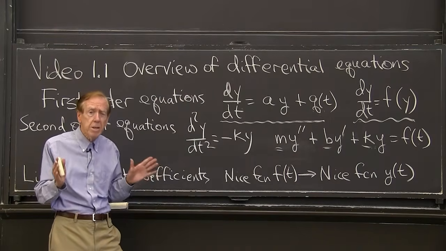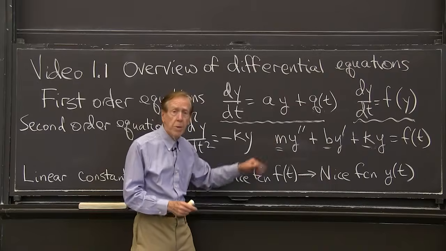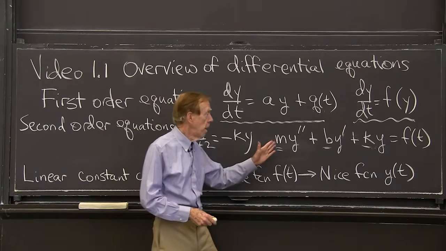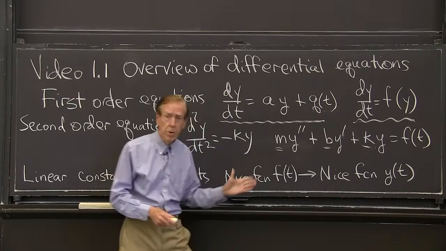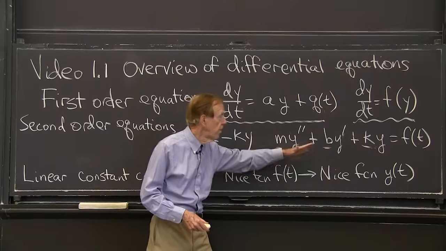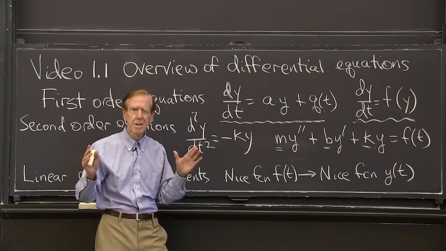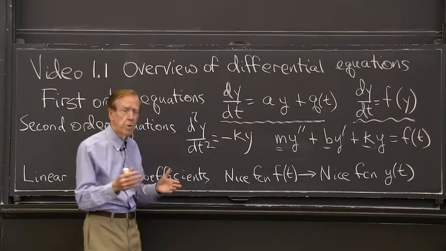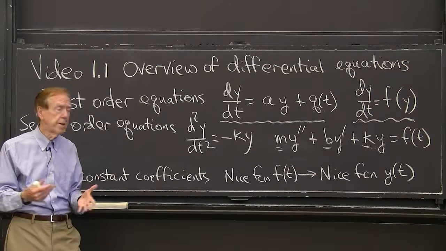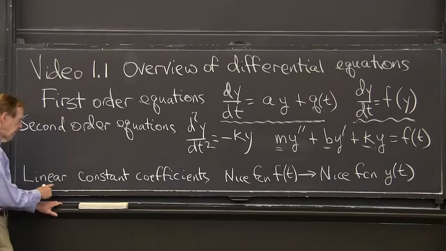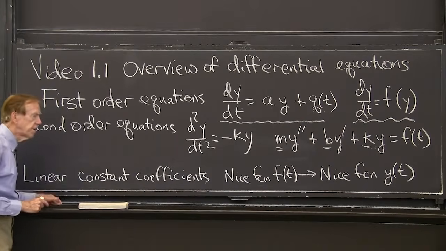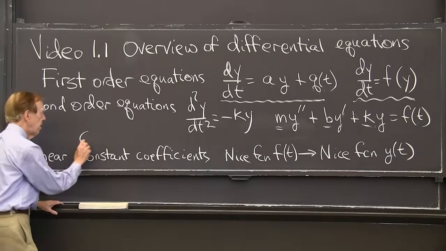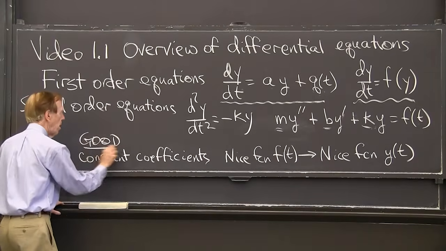So that's really the problem that we can solve as we get good at it, is a linear equation, second order, let's say, with constant coefficients. That's pretty much pushing what we can hope to do explicitly and really understand the solution. Because, so linear with constant coefficients, that's, say it again, that's the good equations.